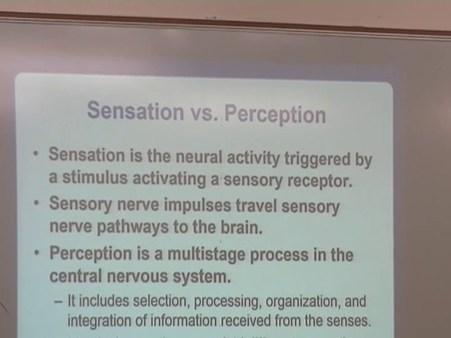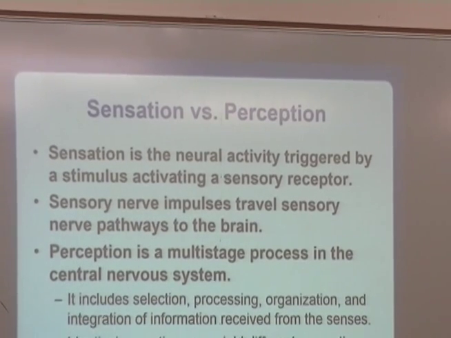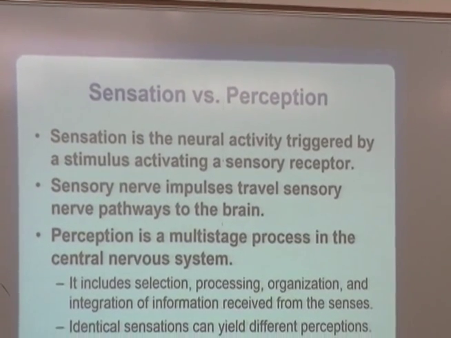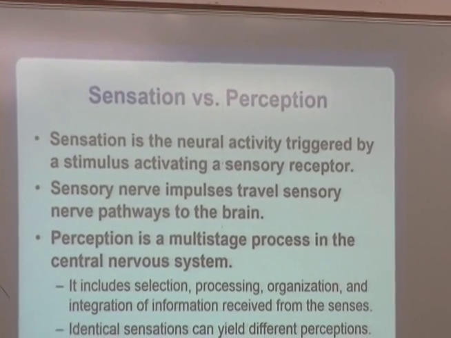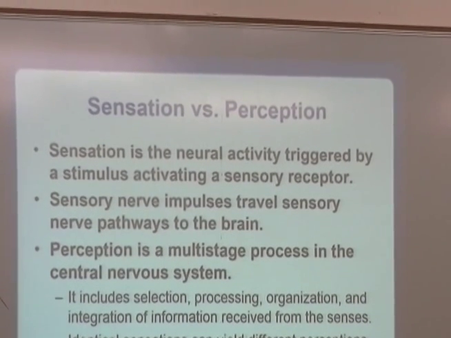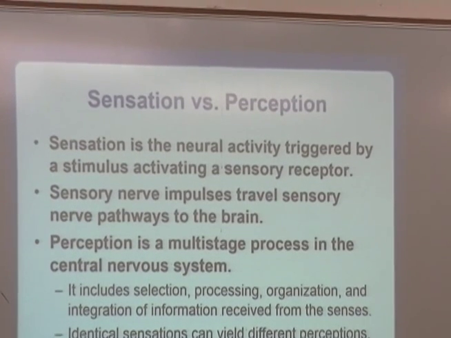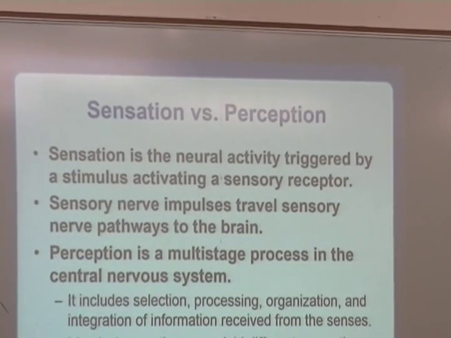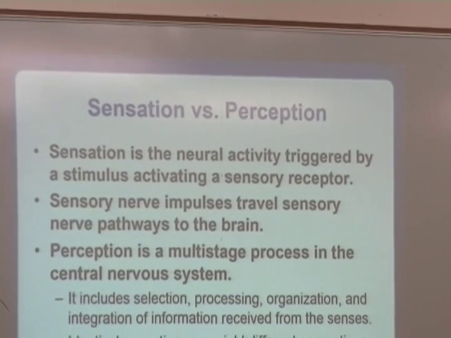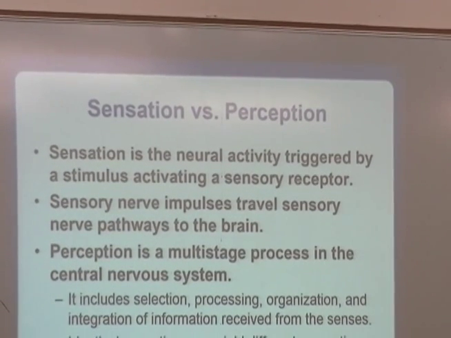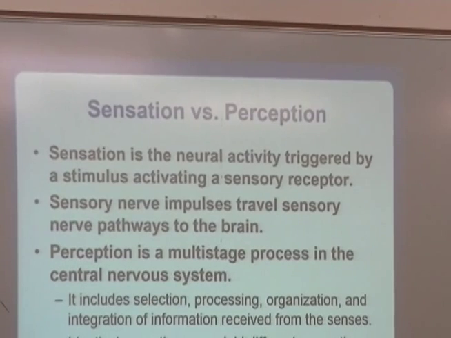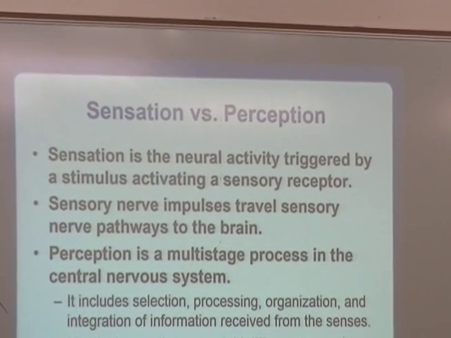So identical sensations, because perception is highly individual, can yield different outcomes. One of the things we have to be wary of is I can't tell someone else what they see or what color they see, because color is a perception, right?